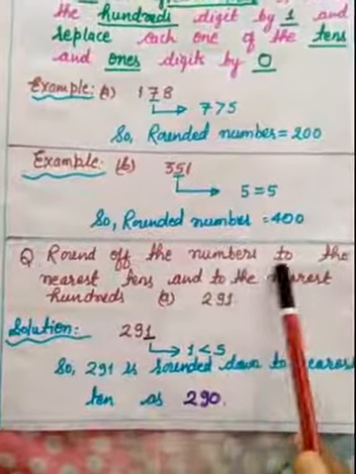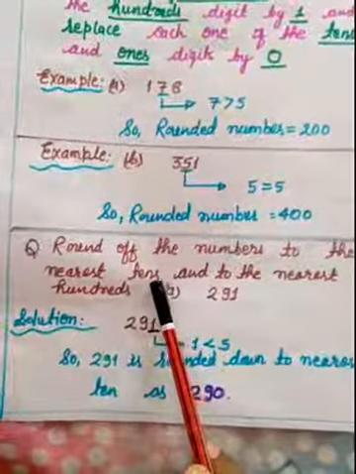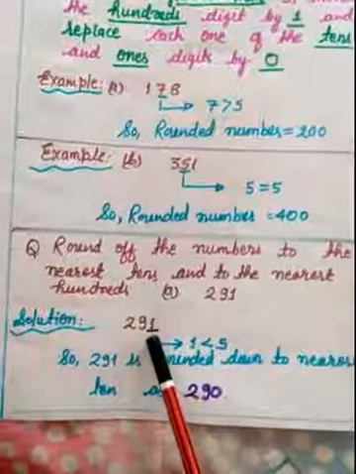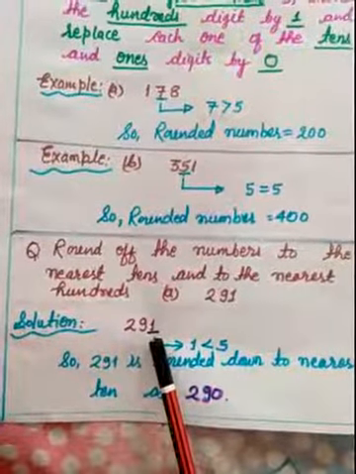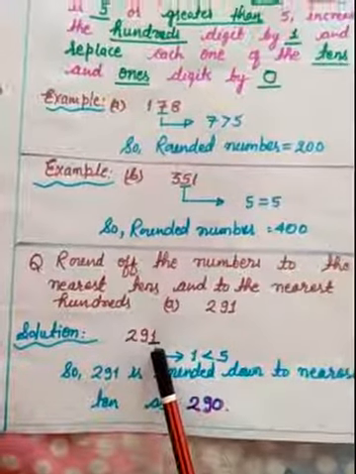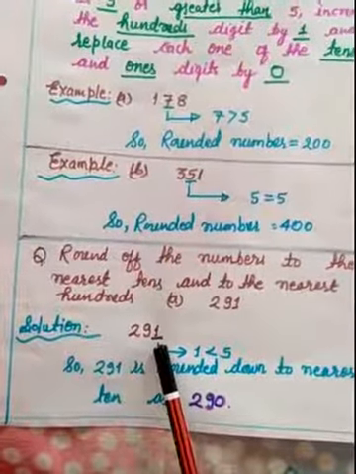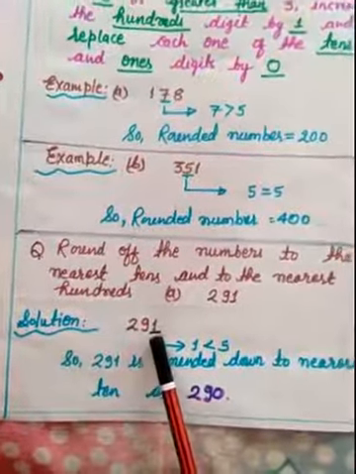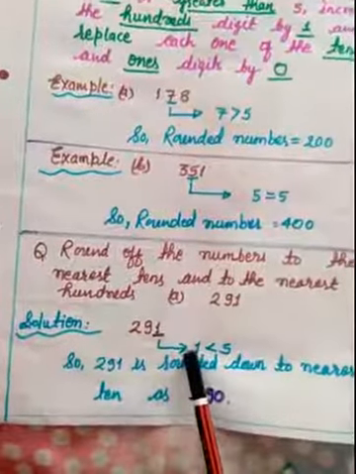Students, to the nearest tens, what will we do? Our first step: we have to underline the ones place digit. So we underline the ones place digit, and after that we see whether it is greater or smaller than 5. The ones place digit is 1, which is less than 5.